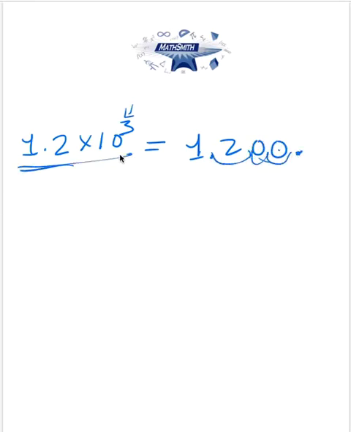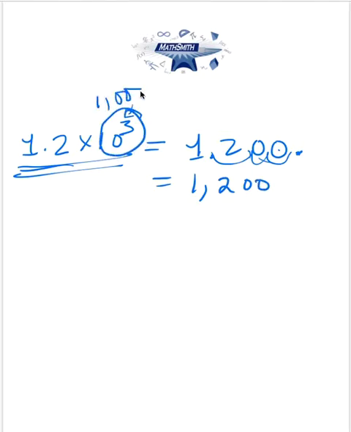In other words, this number, 1.2 times 10 to the third power, is the same thing as 1,200. Because what is 10 to the third power? That's really 1,000, right? So if you take 1.2 and multiply it by 1,000, you're going to get 1,200.